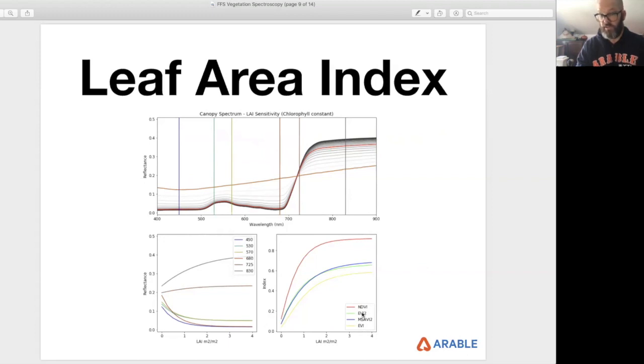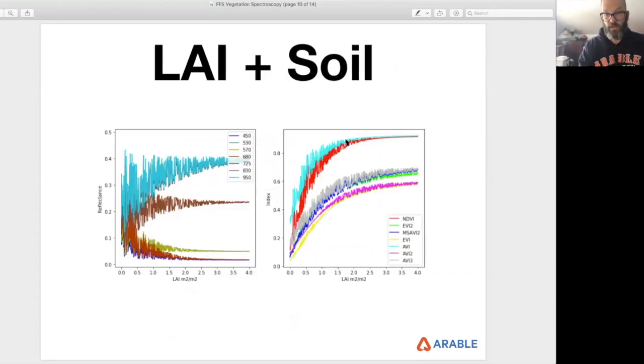So here there's the enhanced vegetation index, the modified soil adjusted vegetation index. All of them are strategies for either bringing in other spectral bands or modifying the math in some way to extract more dynamic range. It's like your HDR camera. Got it. So this is like the basic picture.